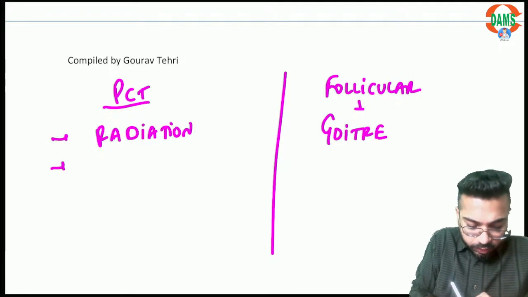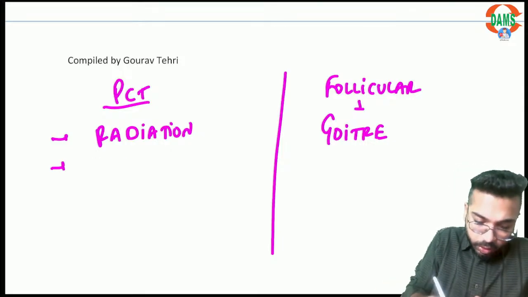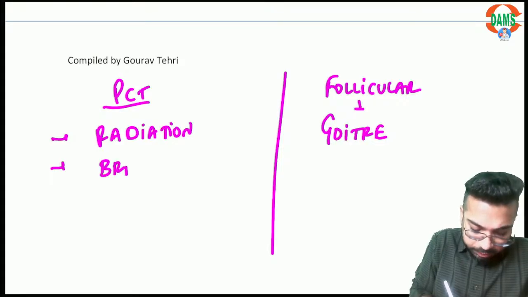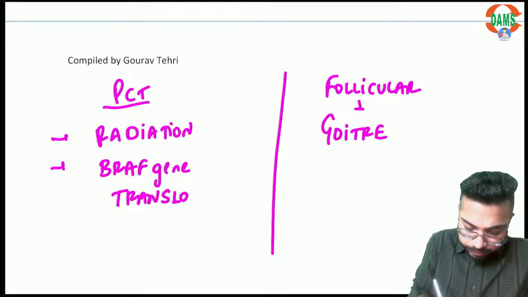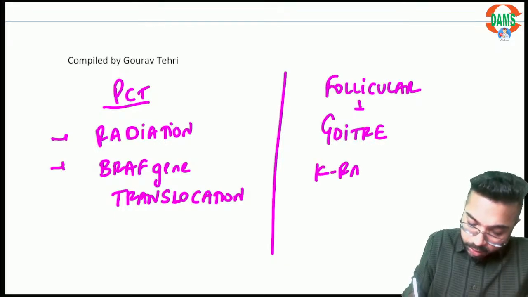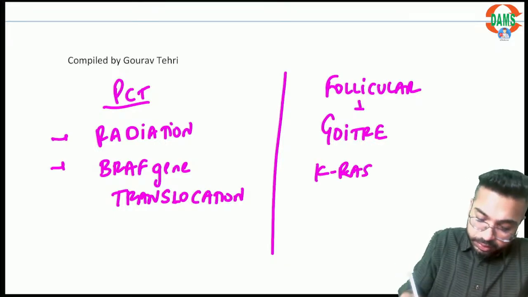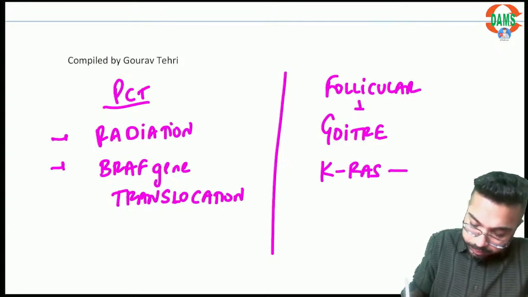If they ask you about the gene, most commonly papillary carcinoma occurs because of BRAF gene mutation. If you remember, it can also be because of translocation. Whereas follicular will occur because of KRAS gene mutation.